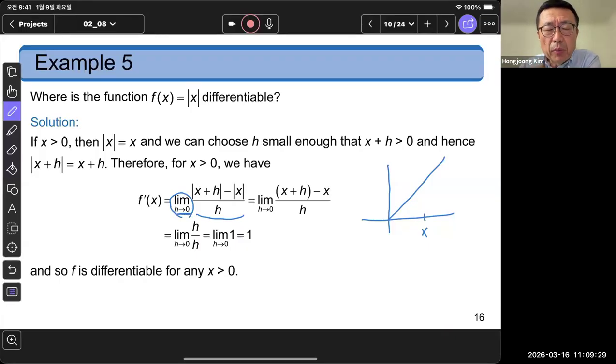So h will be at some point, eventually it will be very small. So without loss of generality, I can assume that h is quite small, so that x minus h is also positive, and x plus h is positive.